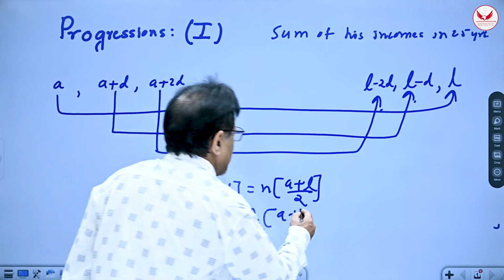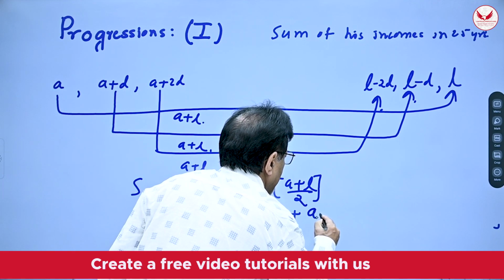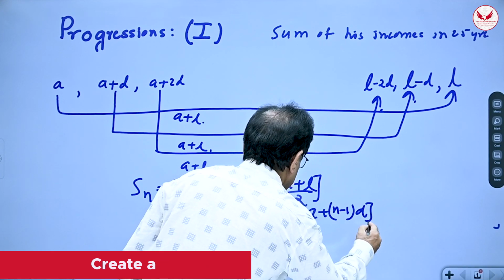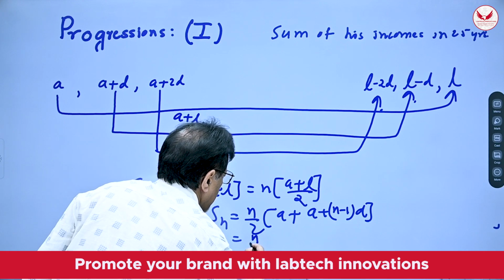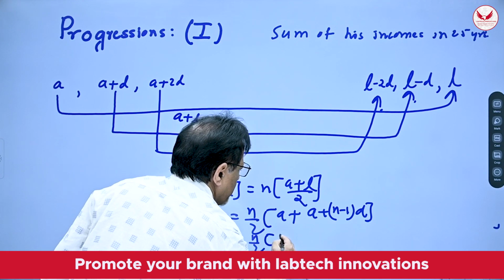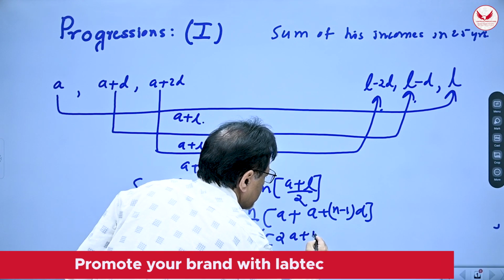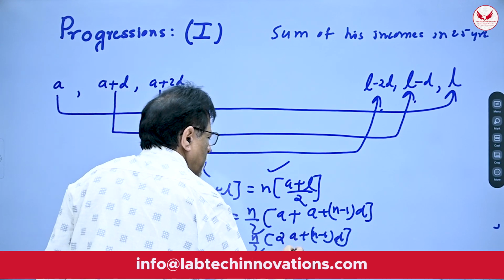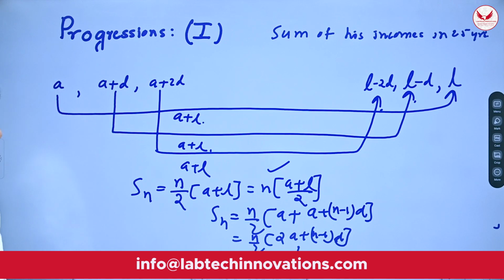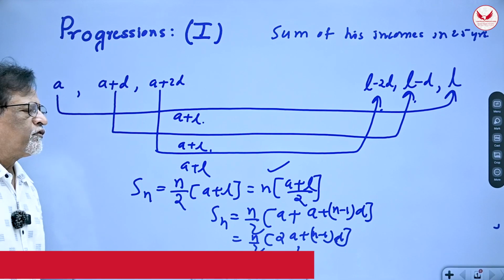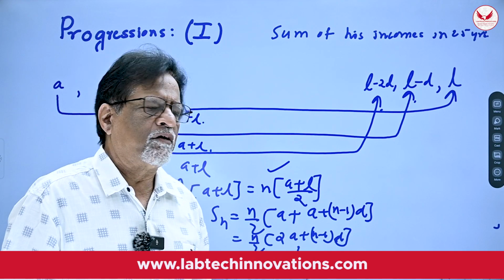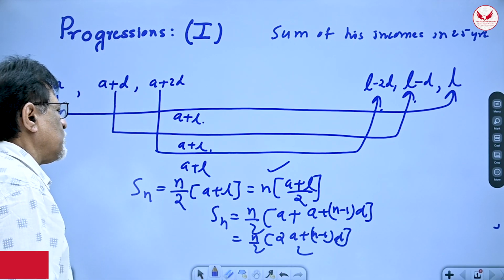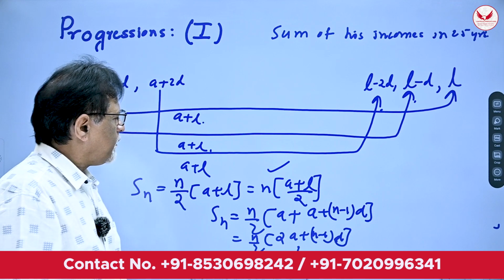The last term is nothing but Tn, and Tn is given by A plus n minus 1 into D. Therefore, the answer is n by 2 multiplied by 2A plus n minus 1 into D. You can use this formula or that formula, whichever is suitable in whichever situation. So, the sum of n terms of an arithmetic progression is given by n(A plus L) by 2, and Sn is also given by n by 2 times (2A plus n minus 1 into D).